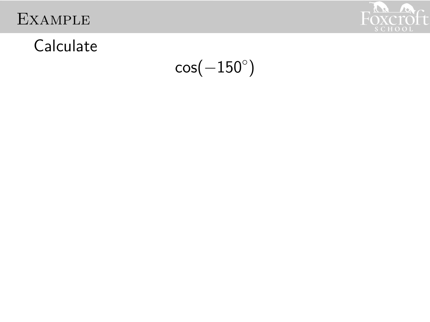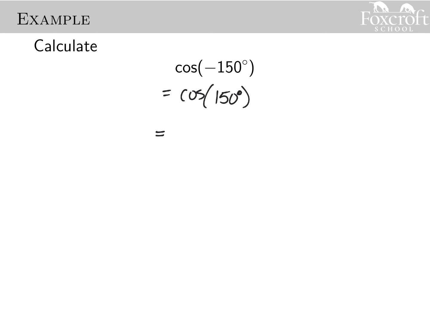So say we want to calculate cosine of negative 150. This is technically something we already know how to do. But sometimes thinking of negative and positive directions, you can mess up the quadrants. But based on the fact that we know that cosine is even, we can say this is just cosine of 150. So cosine of that negative angle is the exact same as the cosine of the positive angle.